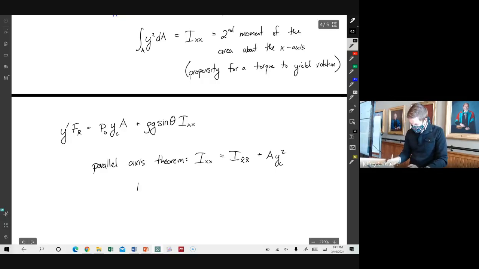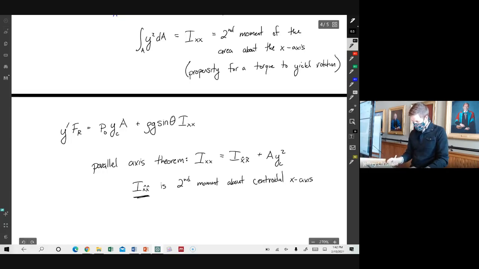And Ix, the one with the little hats, is the second moment about the centroidal x-axis.